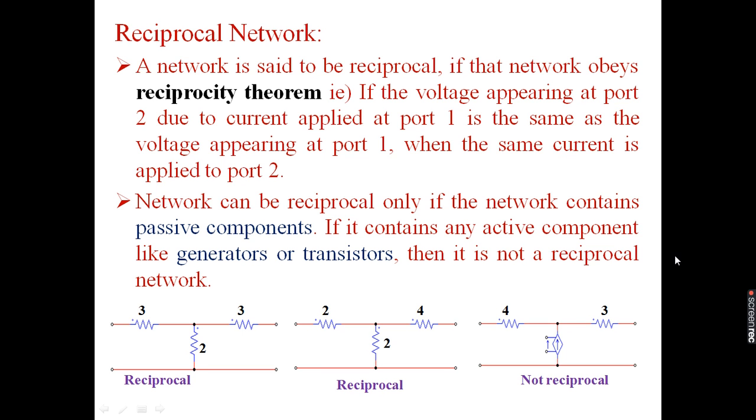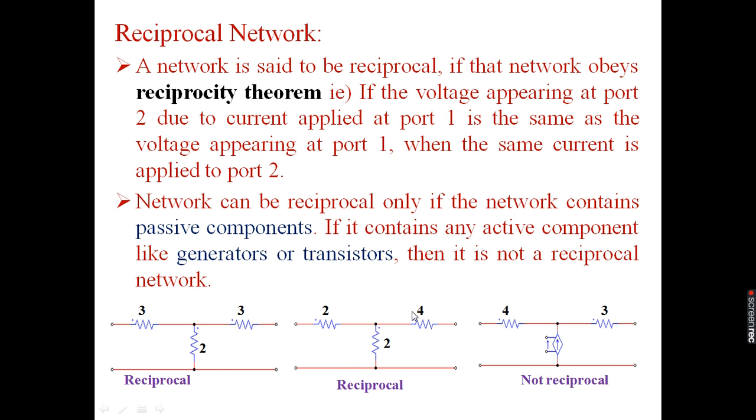Let us see an example here, where we can find out whether networks are reciprocal or non-reciprocal. You can see here we got 3 ohms and some 2 ohms. It is reciprocal because all these elements are passive elements. Again here we can see all are passive elements.